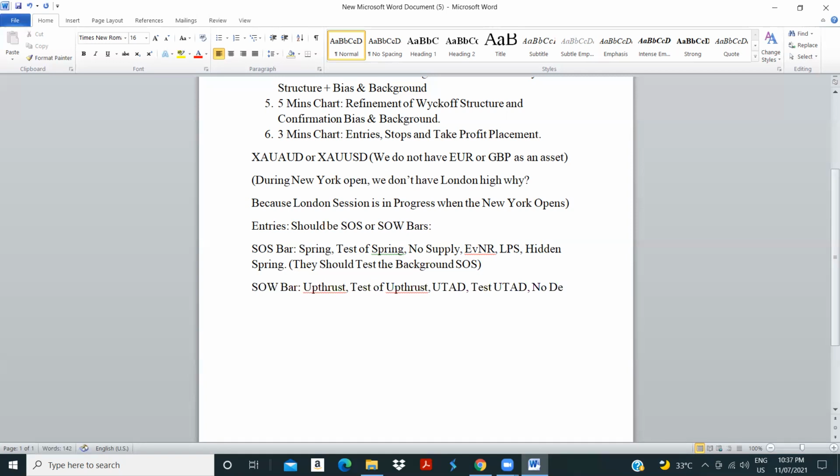After no demand, we can say EVNR, effort versus no result, or end of rising market. After EVNR, we have hidden upthrust. These are the areas.